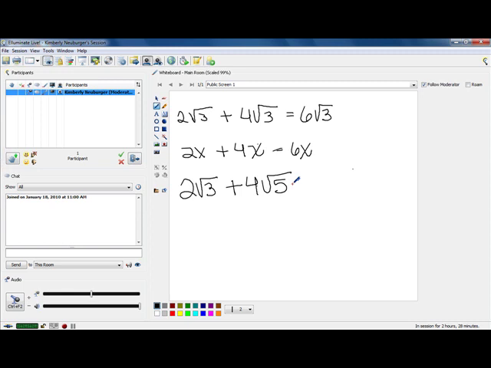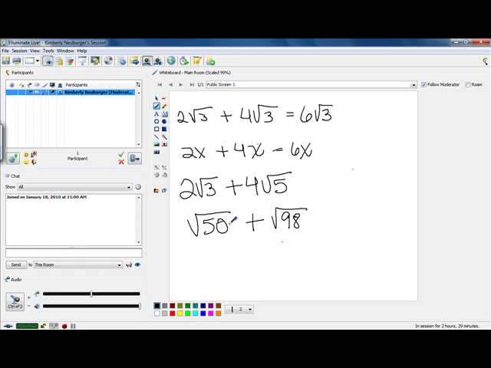Now sometimes your radicals do not match, but they're kind of disguised, and if we simplify they might actually match. For instance, if I have square root of 50 and I'm adding it to square root of 98. At first glance, these do not look like you can add them. However, they're not simplified.